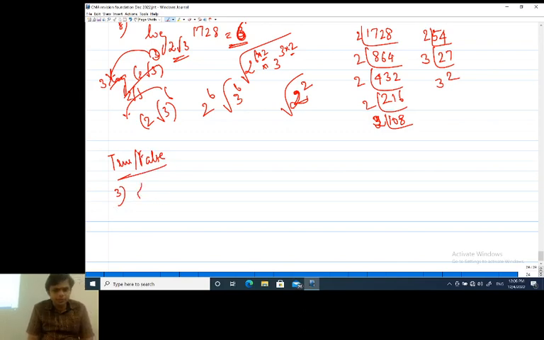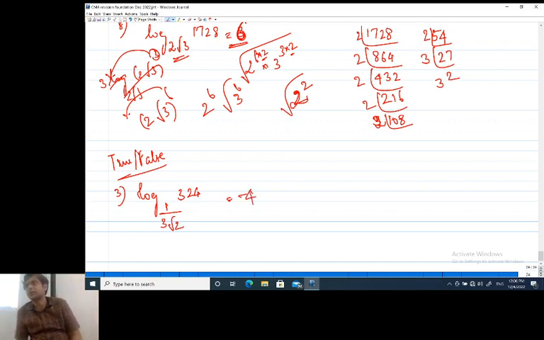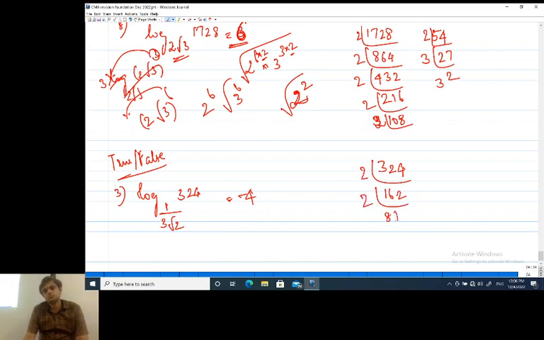Log of 324 to the base 1 by 3 root 2 is minus 4. We are asking whether this is true or false. Same way, factorize 324. 324 can be written as 3 power 4 into 2 squared.